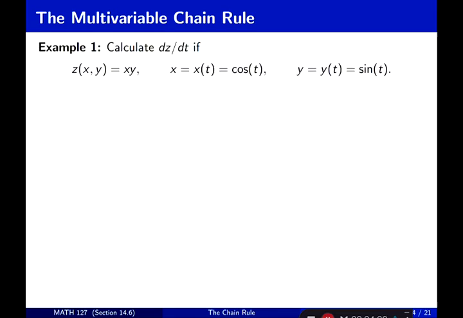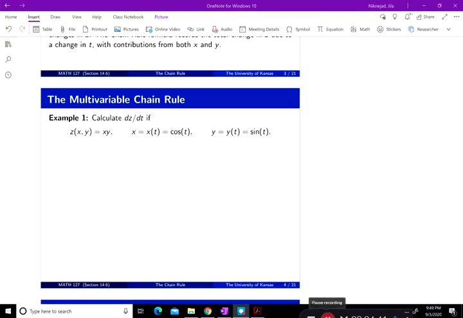The multivariable chain rule, example 1. Calculate the derivative of z with respect to t if z of x and y is x times y, and x of t is equal to cosine of t, and y of t is equal to sine of t.